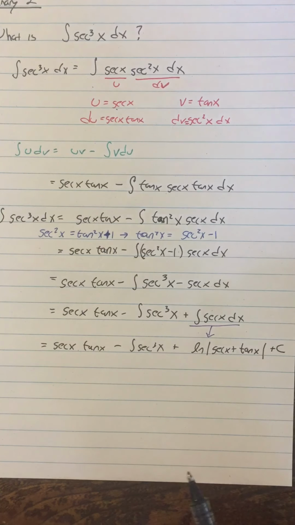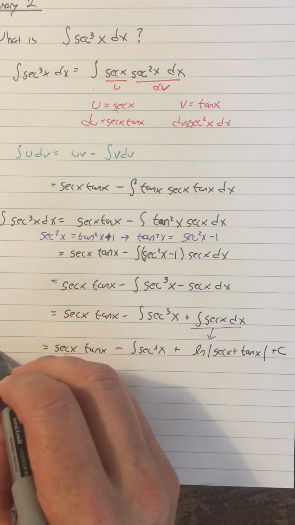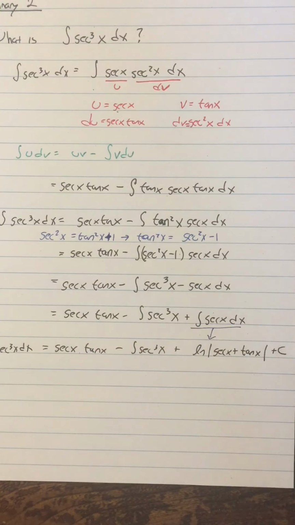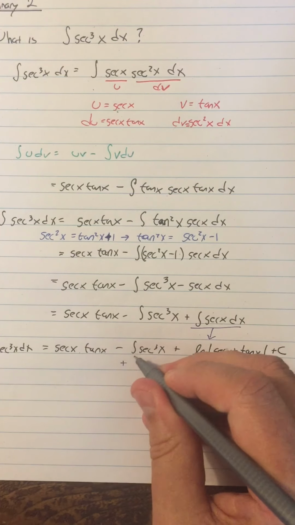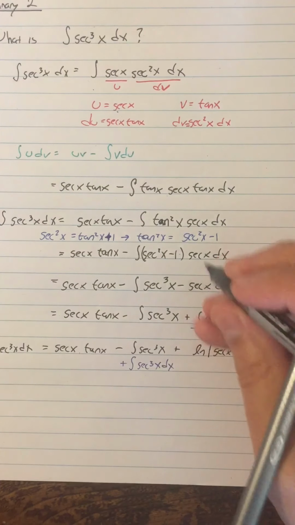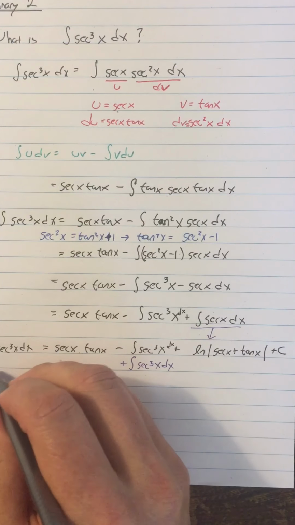So now that's the trick that we do. We say, all right, I know that the integral of secant cubed x dx is equal to all this stuff. And so what I do is just add the integral of secant cubed x dx back in onto both sides.